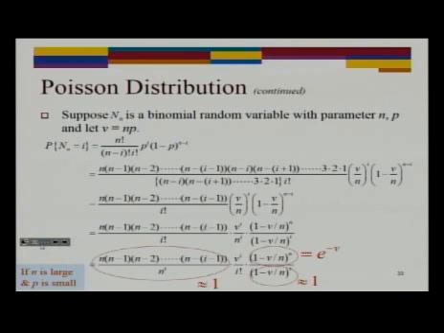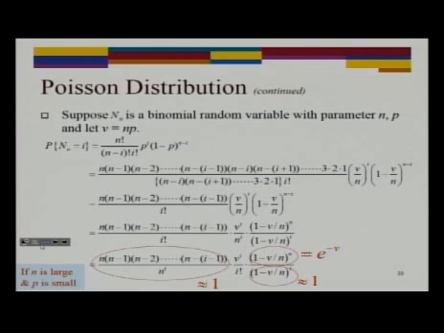Suppose X_n is a binomial random variable with parameters n and p. Then we let nu equal np, n times p.